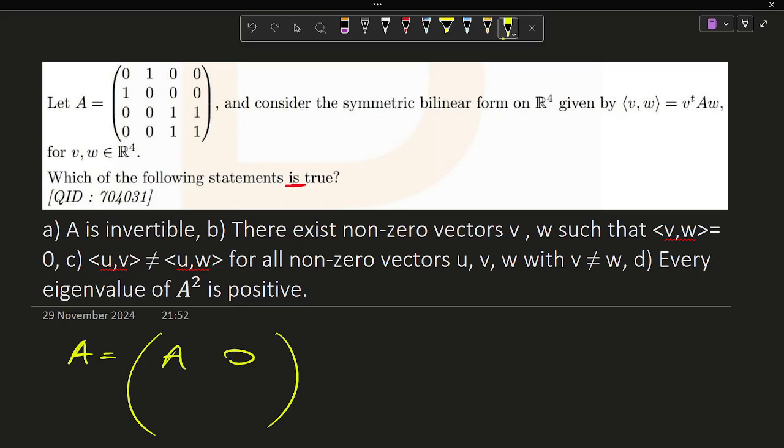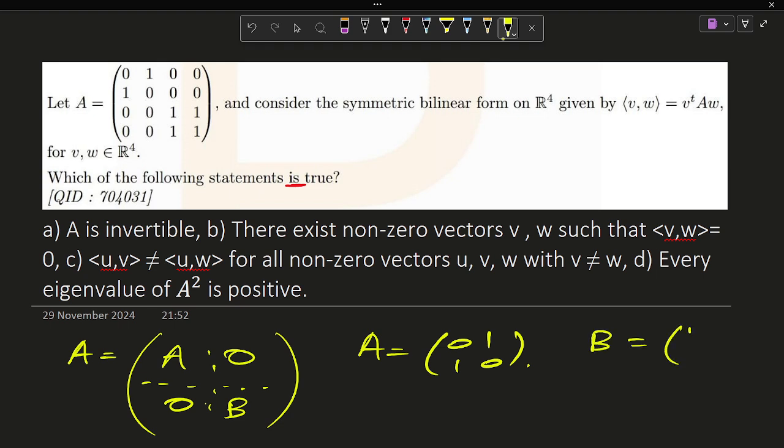So let us mark it as this, where our A is this, and our B will be 1 1 1 1. Let the other block be C, as our A is given earlier here.